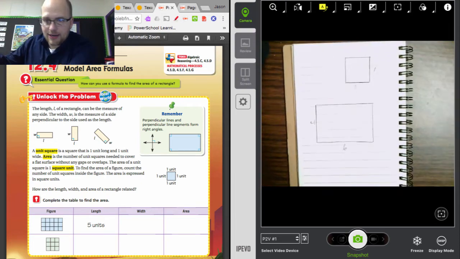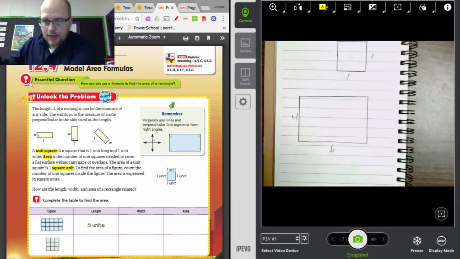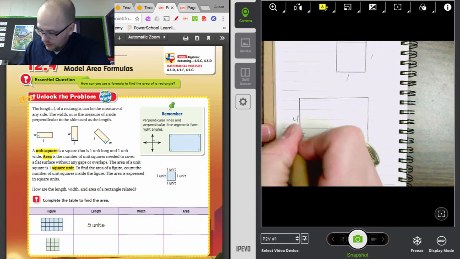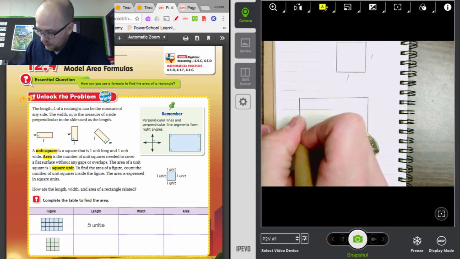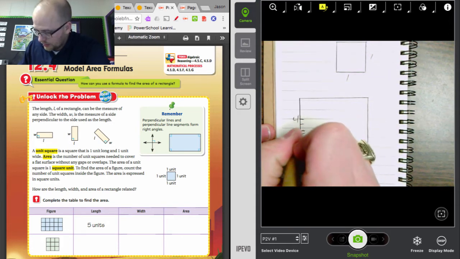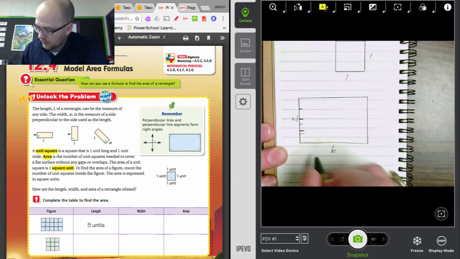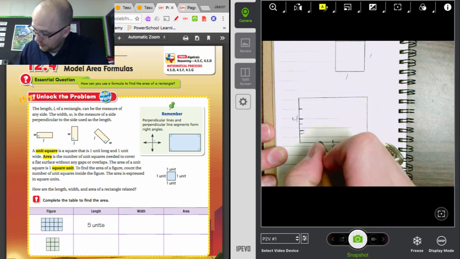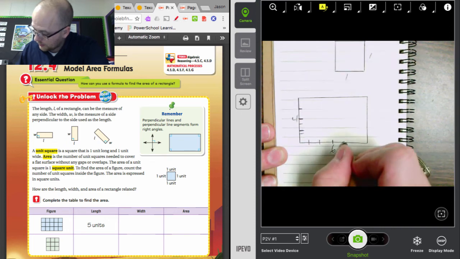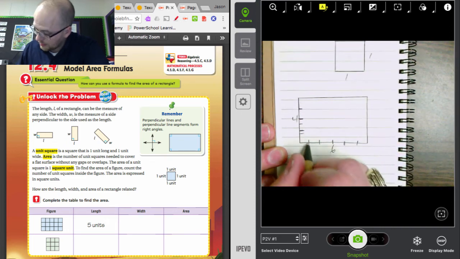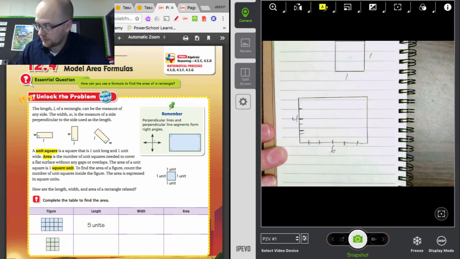If that is my rectangle, I want to know how many 1 centimeter squares can fit in there. Well, there's going to be 1, 2, 3, and 4. And this one's going to be about 6. 1, 2, 3, 4, 5, 6.